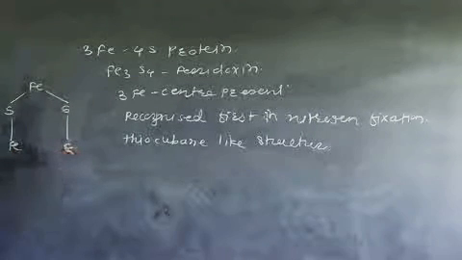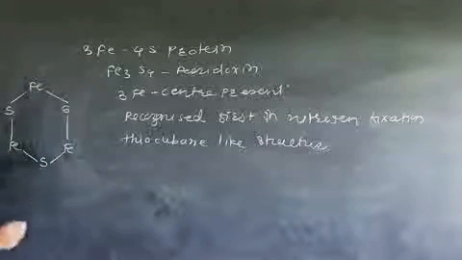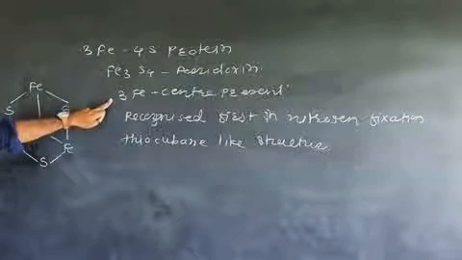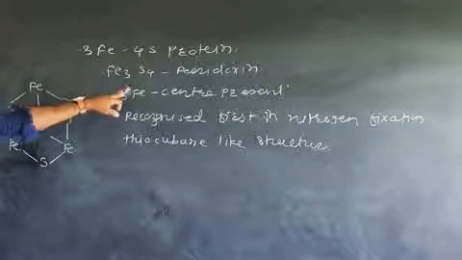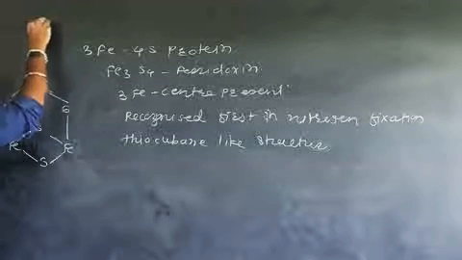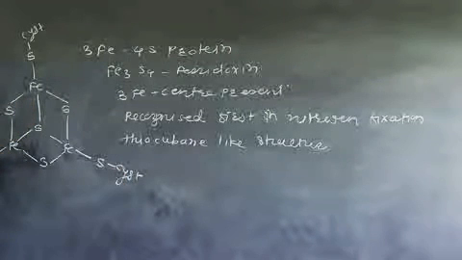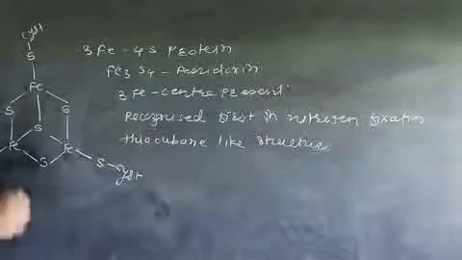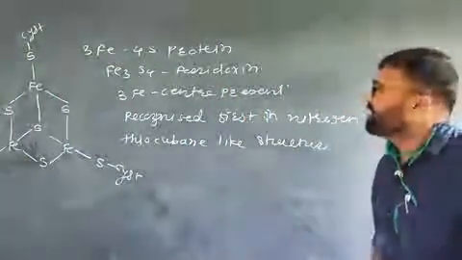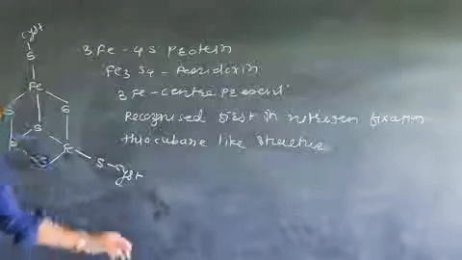This is Fe, okay, and 1, 2, 3 Fe, 1, 2, 3, 4 sulfur, okay, and the remaining is joined with the cysteine unit. Okay, this is about the 3Fe 4S protein.